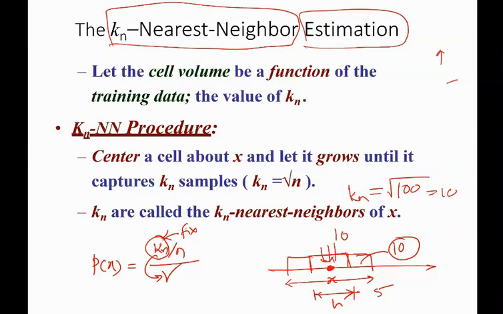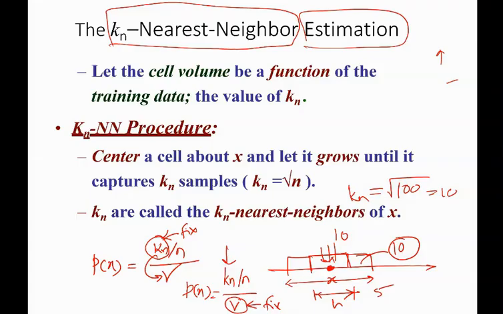Now what is the procedure in Parzen window? We don't fix this k. Same formula, Kn by n divided by volume, but in Parzen we fix the volume and see how many samples fall into this volume or window.